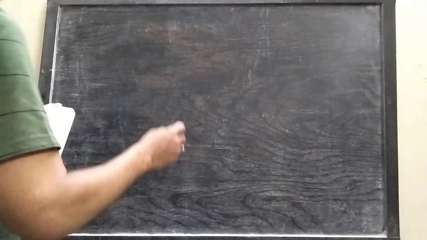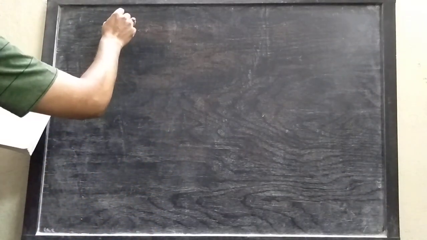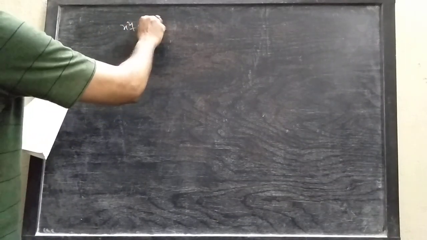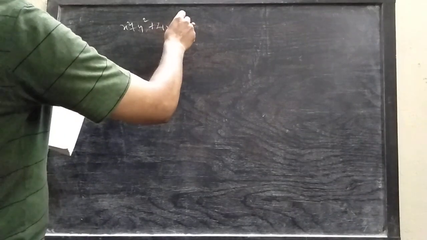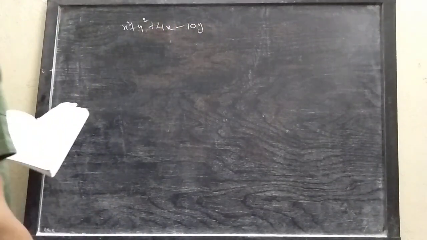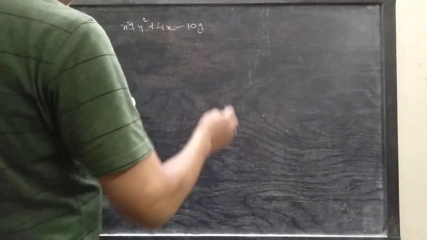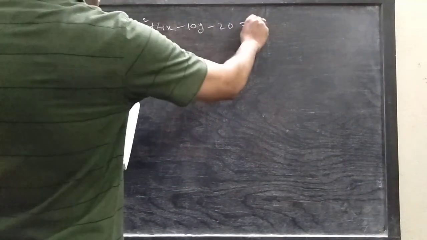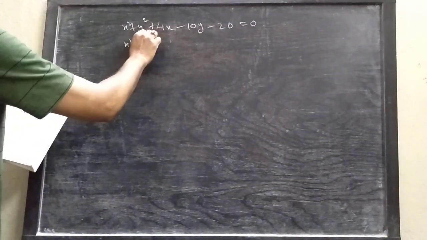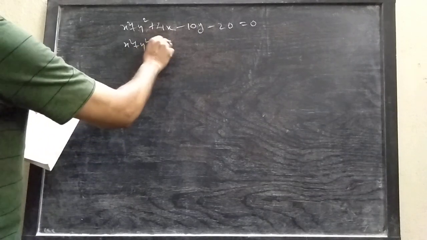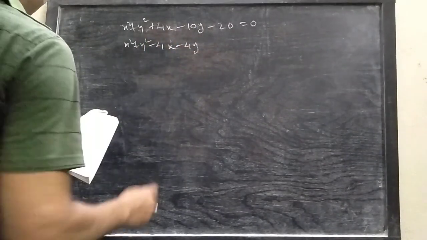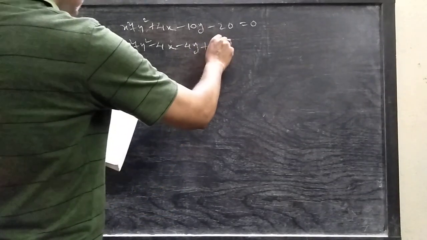As you are given two circles, x square plus y square plus 4x minus 10y minus 20 equals 0. And our second circle is x square plus y square minus 4x minus 4y plus 4 equals 0.